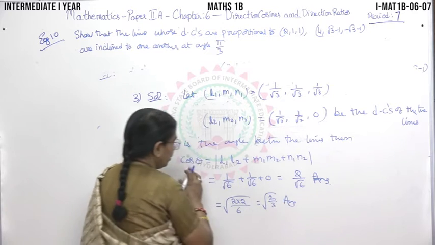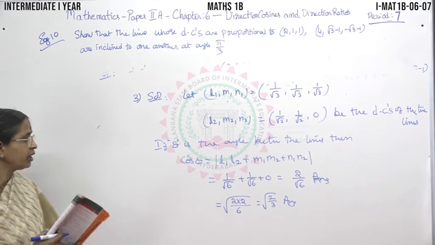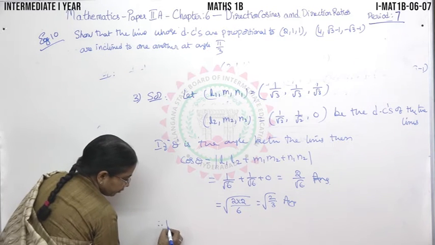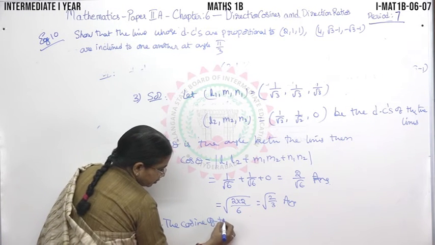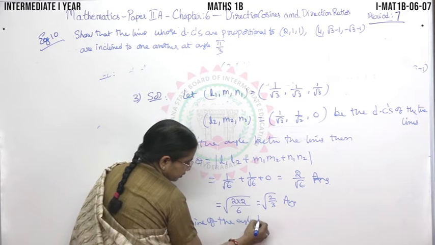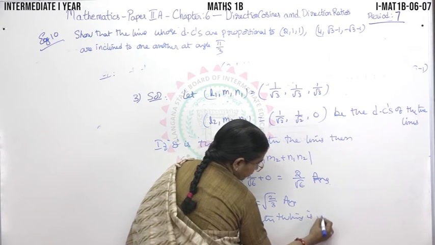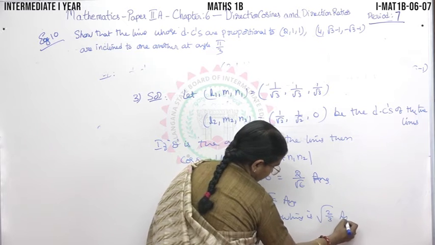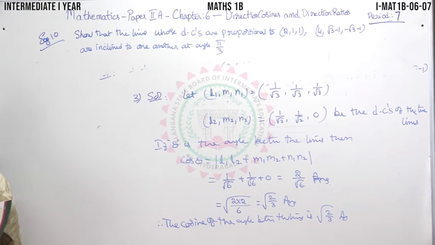This is the answer. Don't write cos inverse. You are asked to find the cos theta value, the cosine of the angle. So you will write, therefore, the cosine of the angle between the lines is root of 2 by 3. So like this we do the problem.